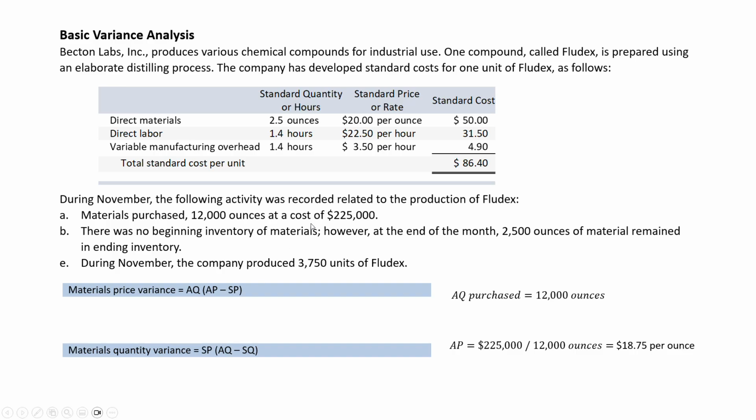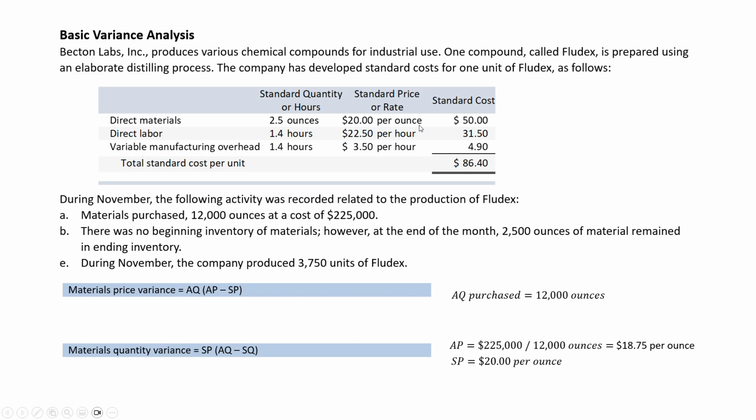The next thing that we need for the price variance is the actual price. Well, we're going to take the fact that point A tells us the total cost of materials was $225,000 divided by 12,000 ounces purchased is $18.75 per ounce. The last thing that we need for the materials price variance is the standard price, and I'm going to go back up here to the standard table. Now one trick I already talked about in another video is don't confuse yourself with what price or cost to use.